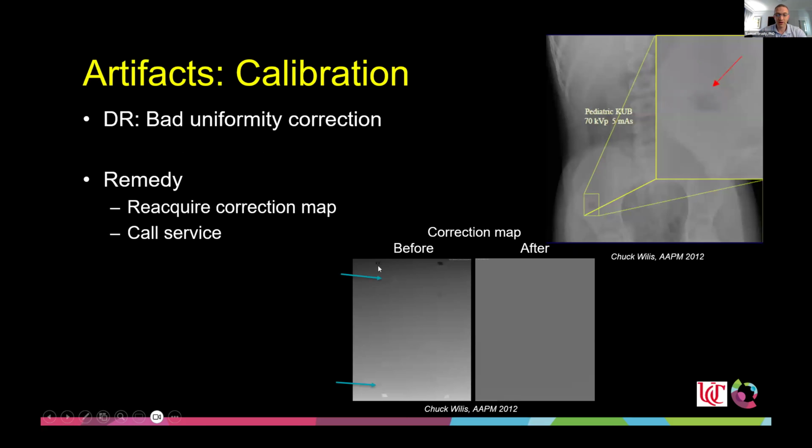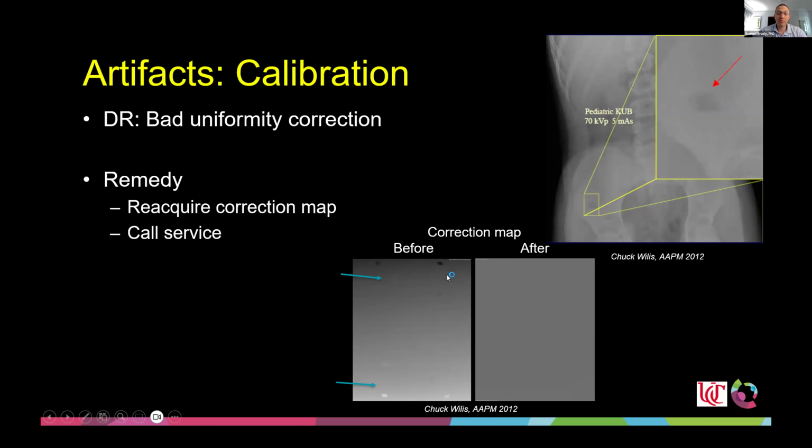Here's another example where the technologists skipped doing their quarterly calibrations at our place, and these blemishes in the detector now appear in the patient exam. It's simple to do calibrations, but it's very powerful for making sure we have a nice, clean, good detector ready to image our patients.